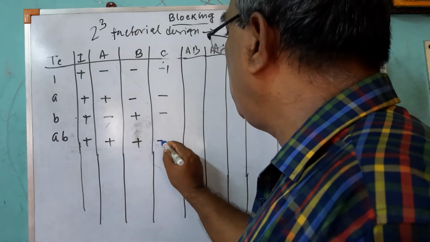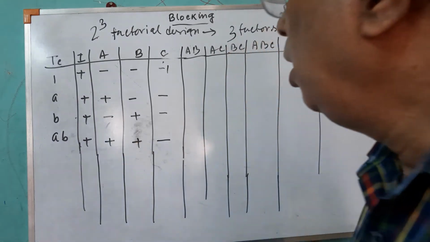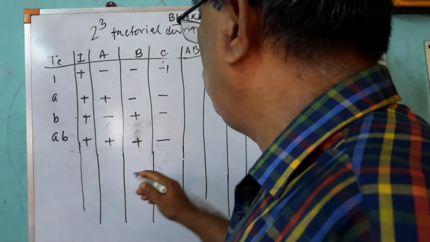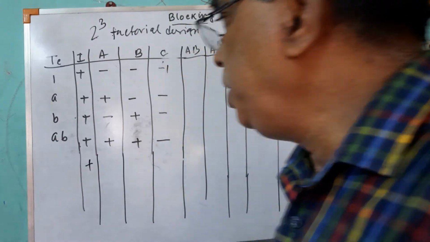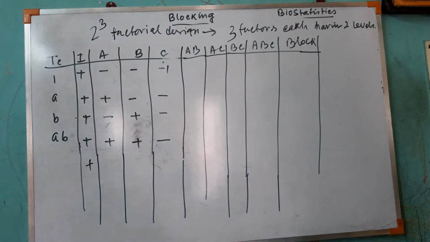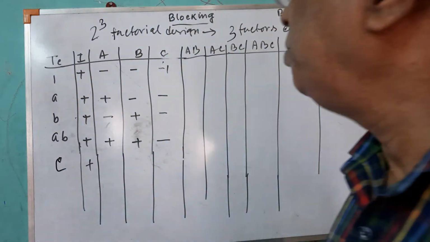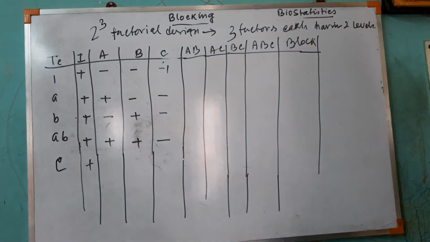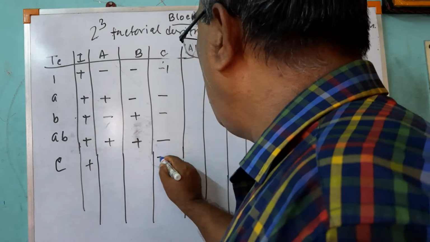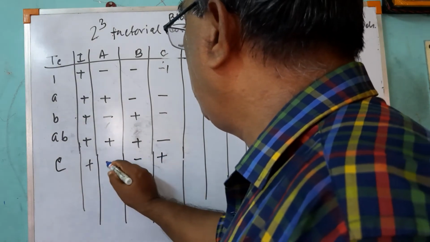AB means A at higher level, B at higher level, C at lower level. Next, I am writing C. When it comes to C, that means C at higher level, and these two are at lower level.